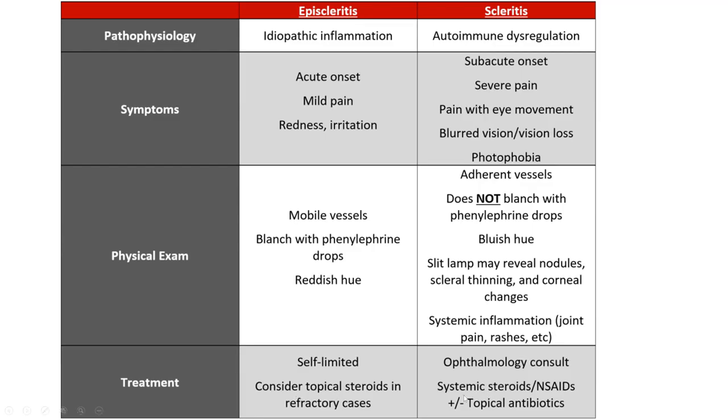The treatment should be with systemic steroids and non-steroidal anti-inflammatory drugs. Depending on the case, if it is mild or moderate, we can start with non-steroidal. But most cases are usually severe, so we should also start systemic steroids, with or without topical antibiotics or topical steroids, and we also consider systemic immunomodulatory medications.